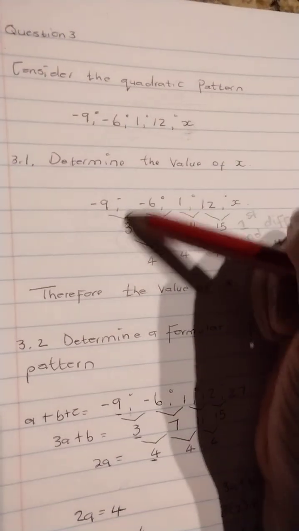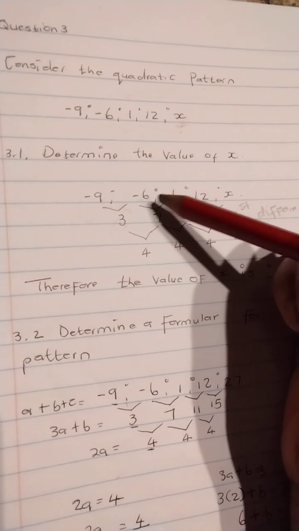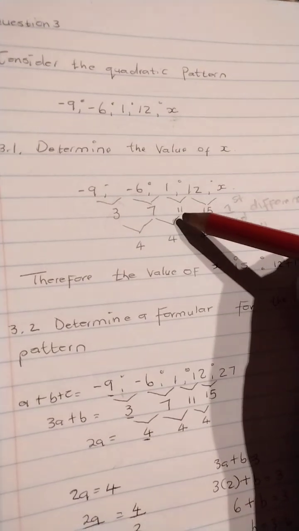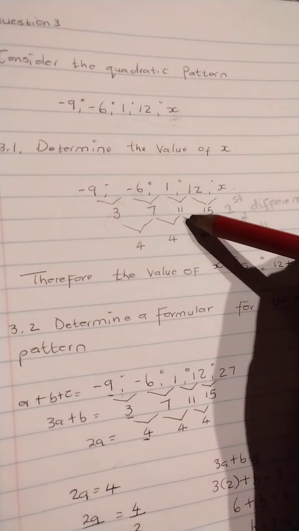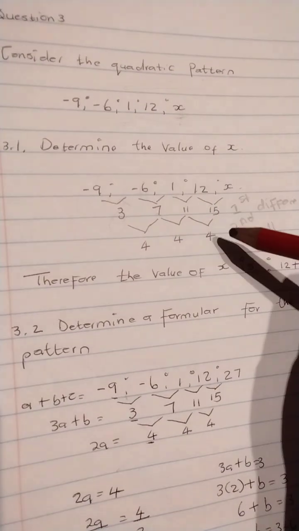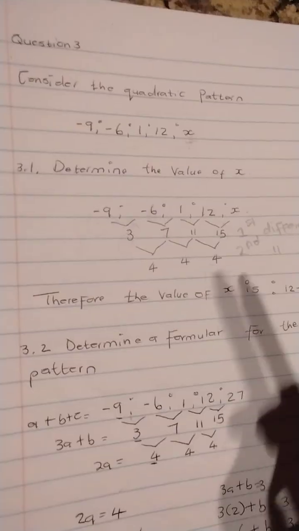You understand? So we get this value for those two, and then for those two, 1 minus 6, we get a 7, and then for 12 minus 1, we get an 11, and then for here, x minus 12, we must get a 15.